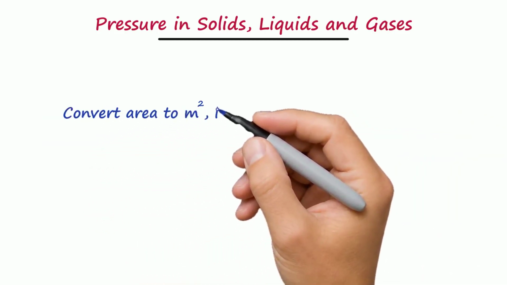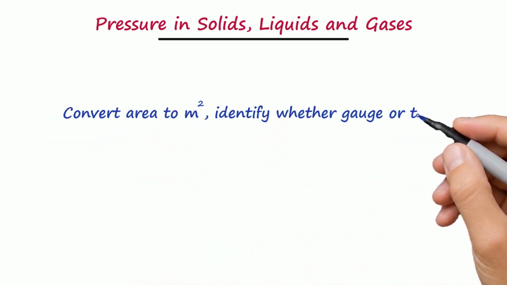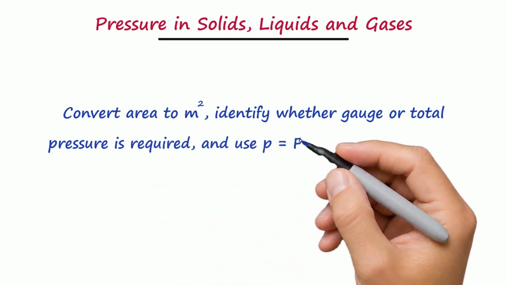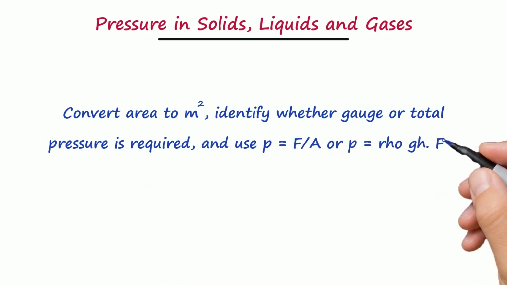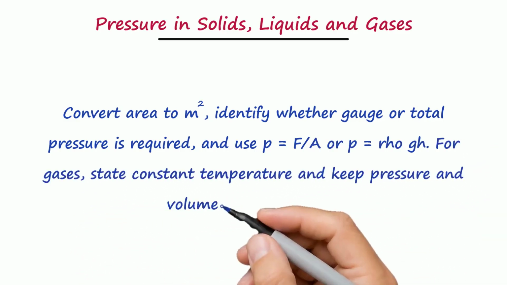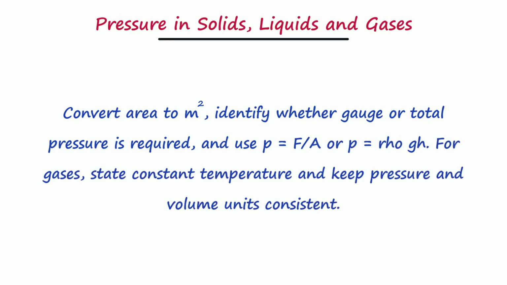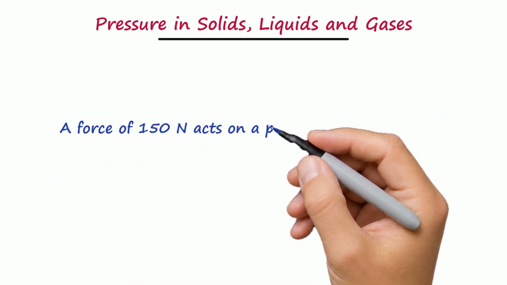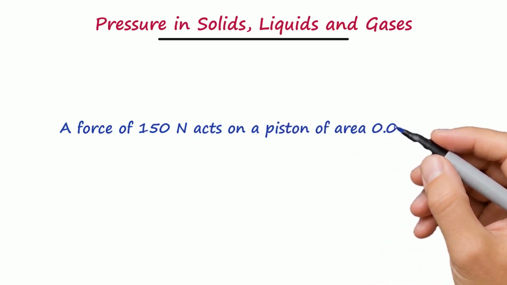Convert area to m squared, identify whether gauge or total pressure is required, and use P equals F over A or P equals ρgh. For gases, state constant temperature and keep pressure and volume units consistent. A force of 150 N acts on a piston of area 0.005 m squared.